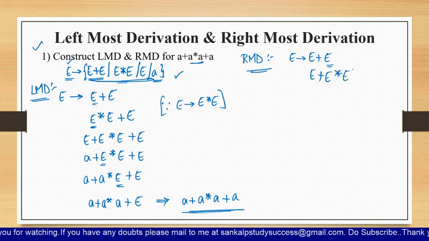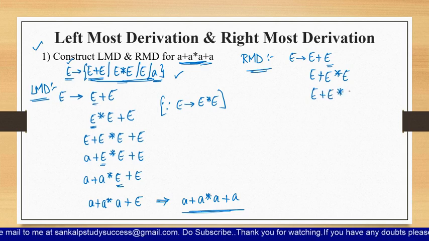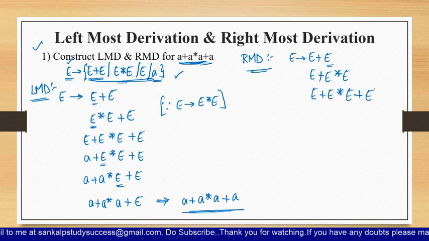E plus E star E. So that we got A plus A star A till here, but in the place of A, we are having E. So again, we are having 3 non-terminals, where you are going to substitute for the rightmost non-terminal. If you substitute again E plus E, then you will get our own equation which is given in the question. In the place of E, we are going to substitute E plus E. But here, we got the expression as it is, but in place of A, we are having E.